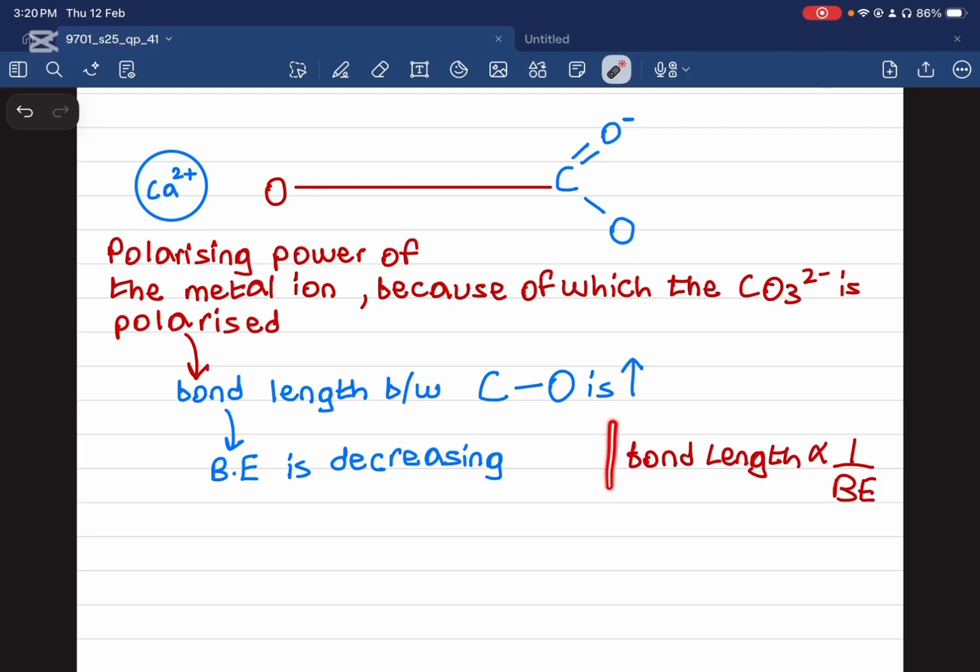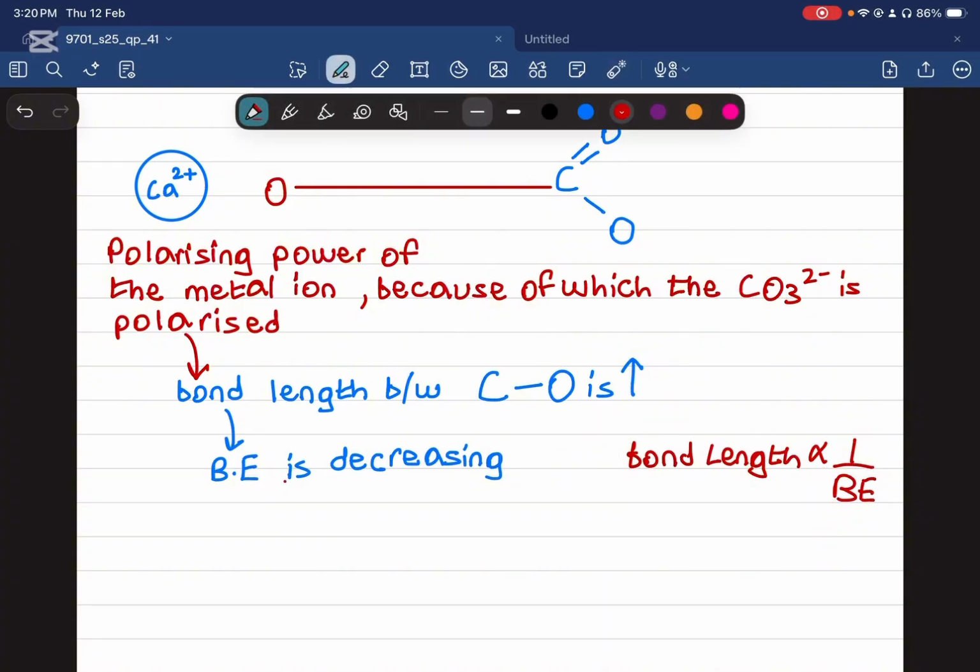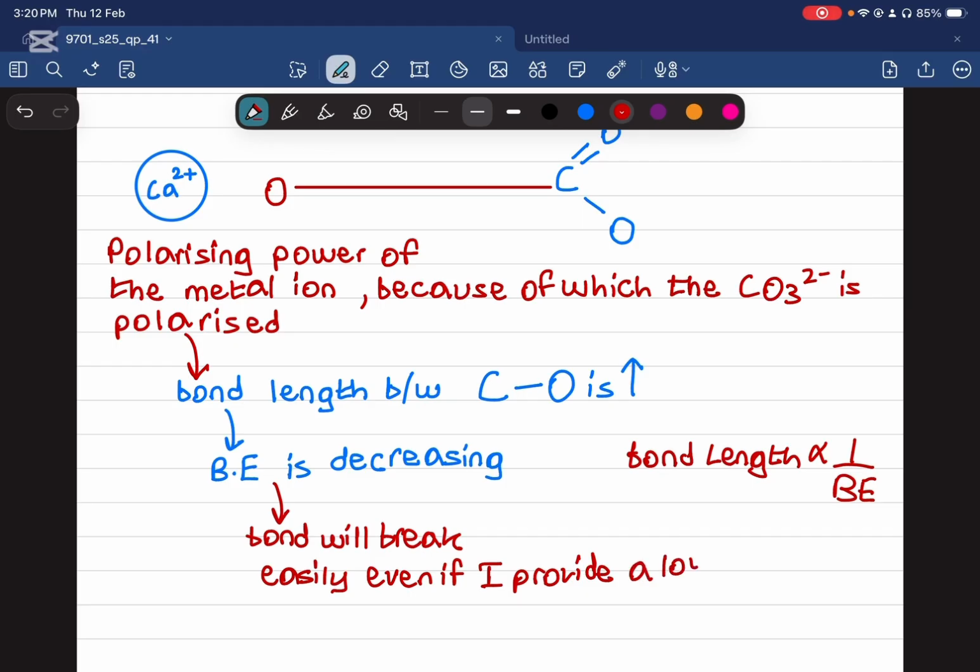However, if you have a bond which is of a bigger length, then a smaller amount of energy is required to break it. So, if the bond energy is decreasing, it means that the bond will break easily, even if I provide a lower temperature.